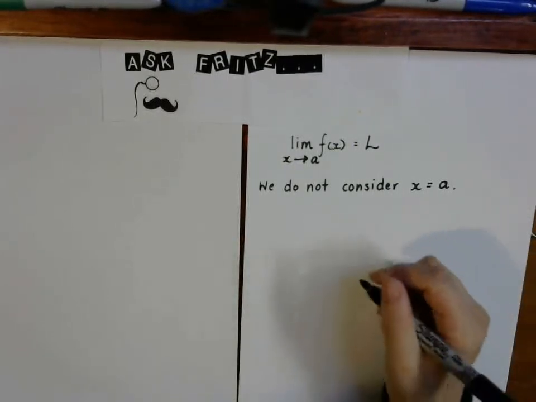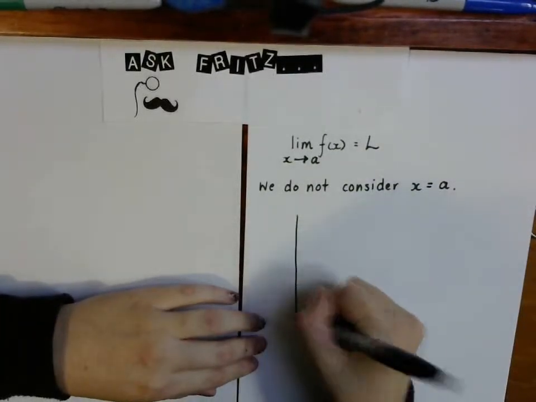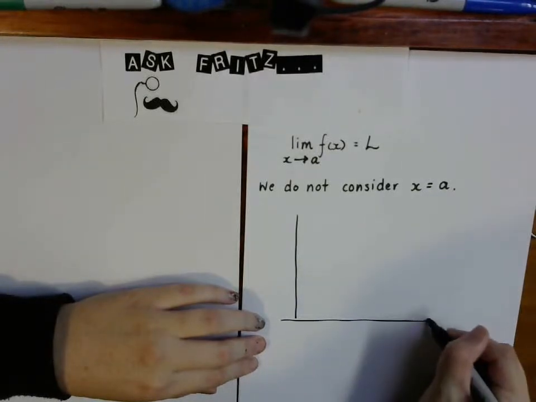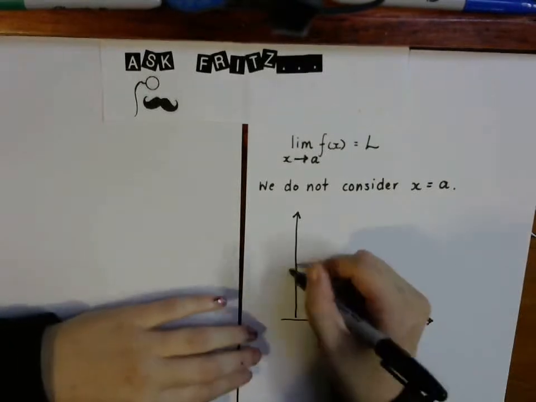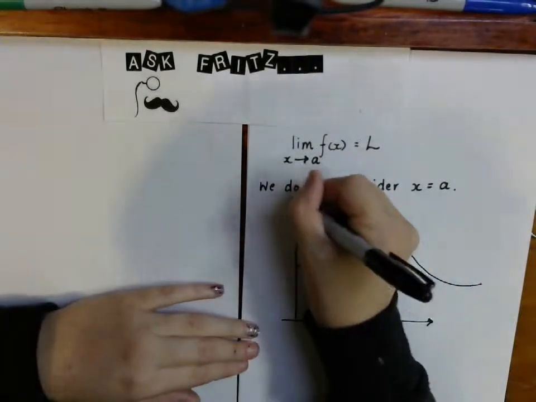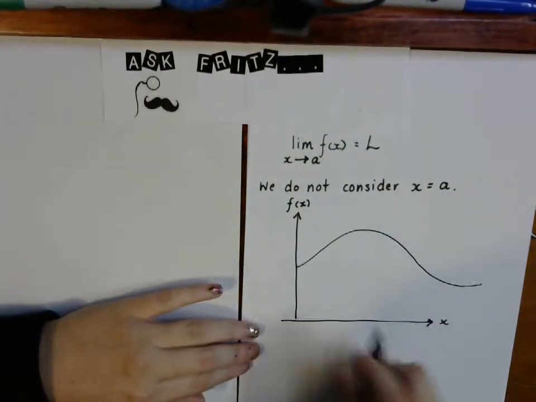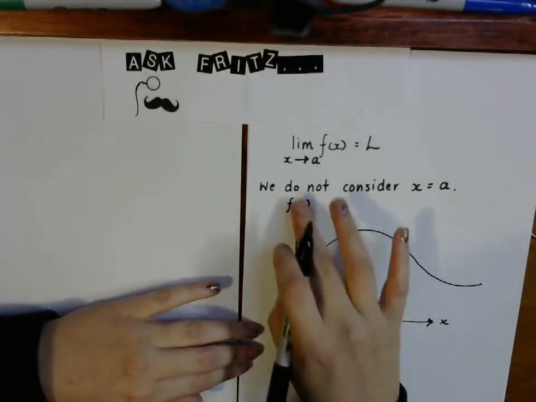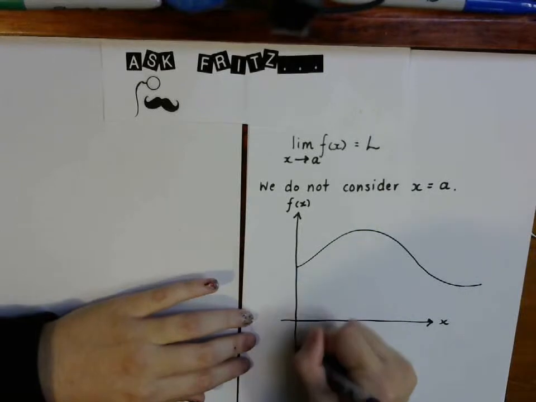So, an example of this is, let's draw it on the Cartesian plane. So let's say we have function f(x). Here's our function here. I've drawn it on the Cartesian plane, which is the set of x and y axes.